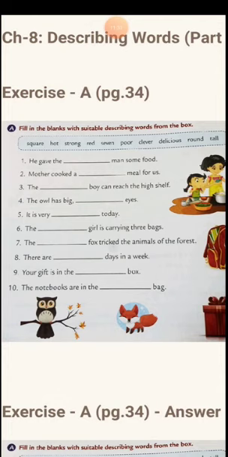Number 4, the owl has big dash eyes. Have you ever seen an owl? They have big and what the shape of their eyes? Round shape. They are round and big. So here the describing word round, round eyes will be used.